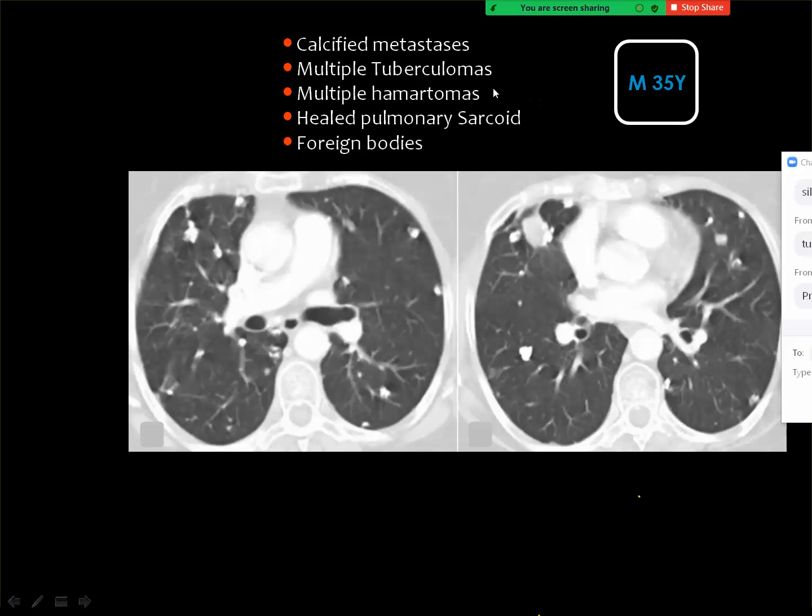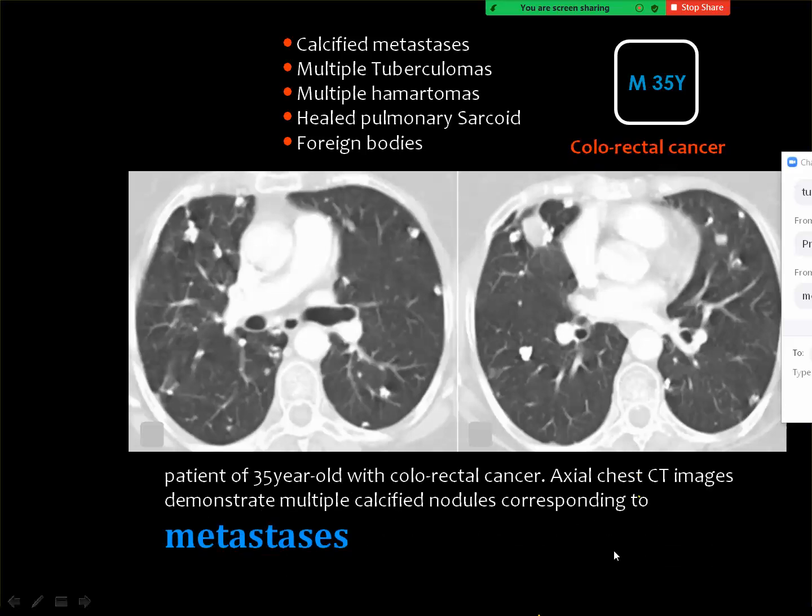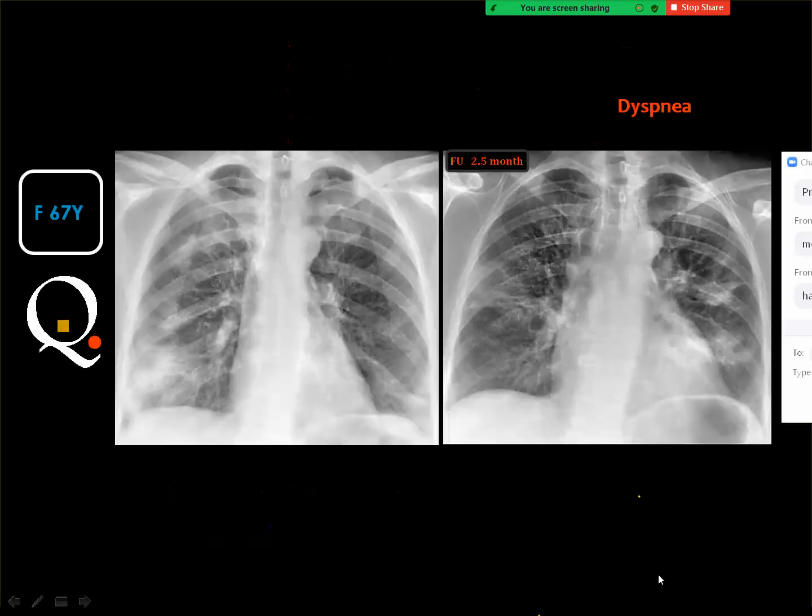Calcified metastases, multiple tuberculomas, multiple hamartomas, healed sarcoid, foreign bodies. Mets, yes, this is good. The multiplicity is in favor of Mets, whether they are cystic or calcified, because you know that some of the metastases can be calcified, like those coming from mucinous adenocarcinoma of the colon, and those coming from osteogenic sarcoma and chondrosarcoma, for example.